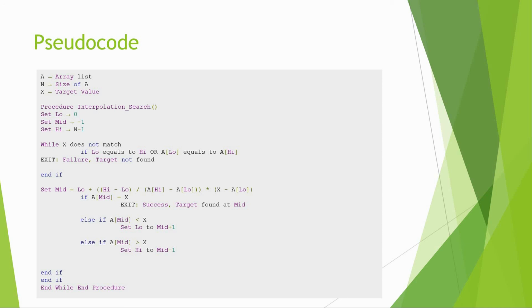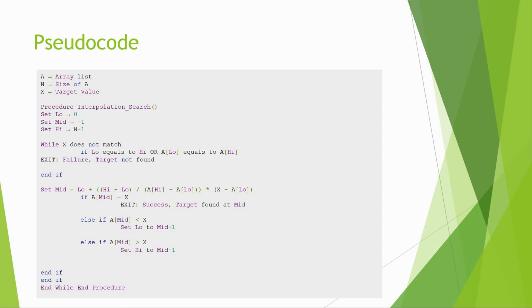Start a loop with the condition that X does not equal A[mid]. Then if the lowest index is equal to the highest index, or the value at the lowest index equals the value at the highest index, which means that there are no more values inside the array, the search is a failure: target not found.